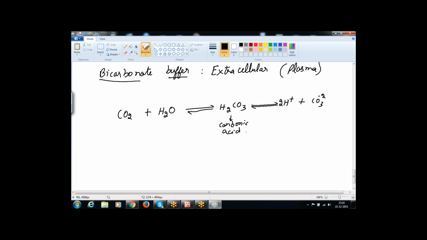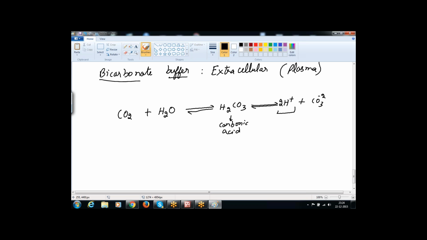Now, this reaction is going in both directions. This is how it maintains the pH. pH is what? Negative log of H ion concentration. So this buffer has to maintain pH means this buffer has to maintain the H ion concentration. How will it do that? Let's say H ion concentration is falling less than normal.